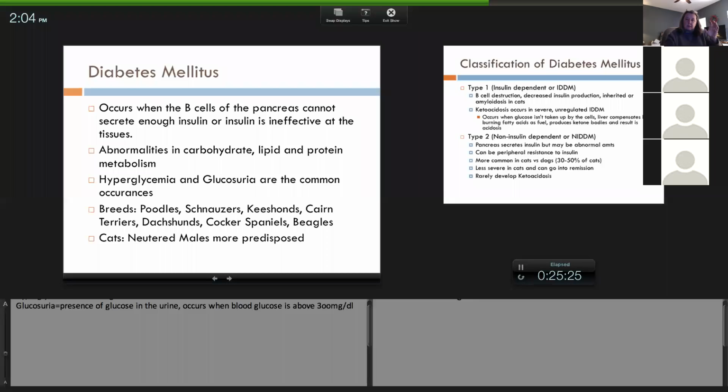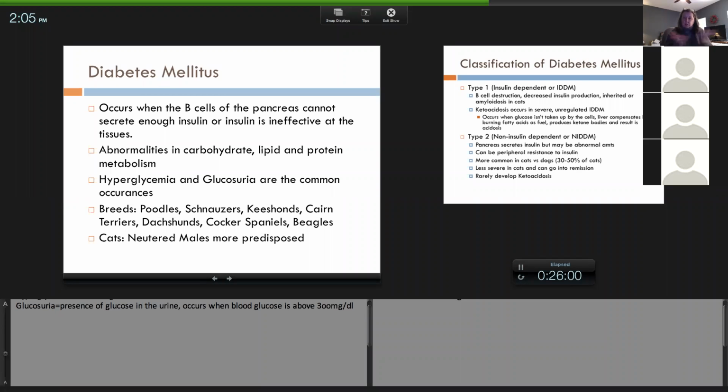Diabetes mellitus is from the pancreas, and this is fairly common. What happens is there are beta cells in the pancreas, and the cells within the pancreas are supposed to create insulin and release insulin. So when an animal eats a meal, and they digest their carbohydrates and break them down into sugar, insulin takes the glucose that's floating in the blood that was absorbed from the meal, and puts it in the cells.